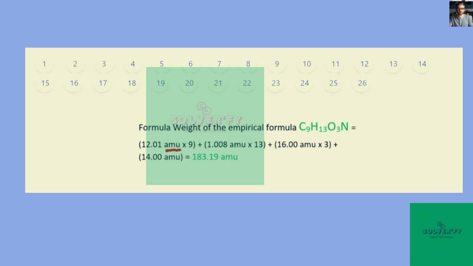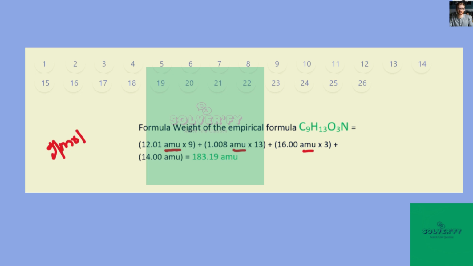So molar mass and molecular weight are basically the same thing, but for the molecular weight or atomic weights, the unit is AMU, or atomic mass unit, and for molar masses it is gram per mole.